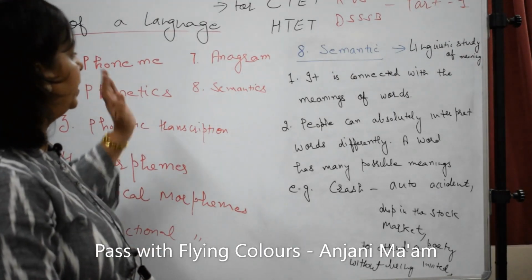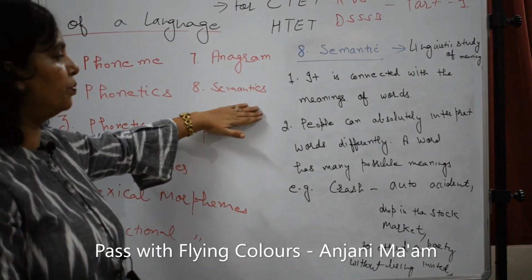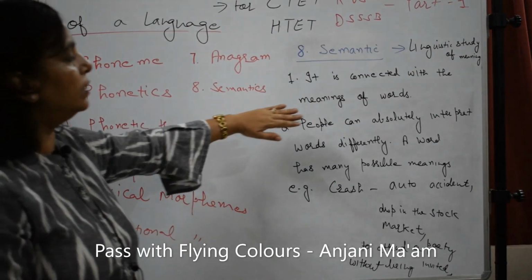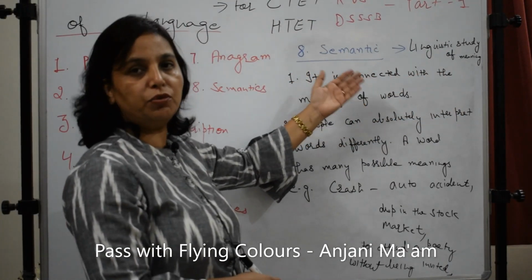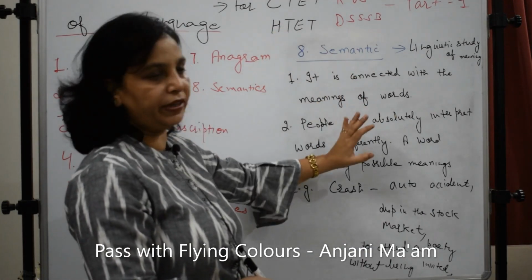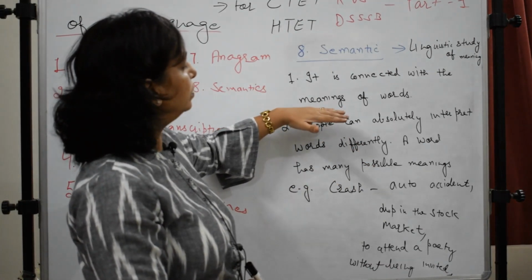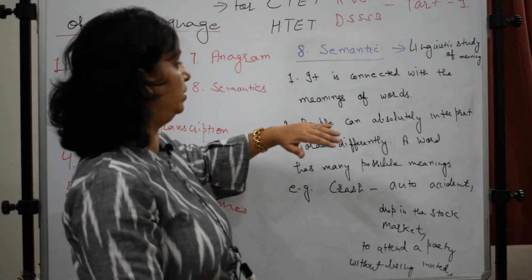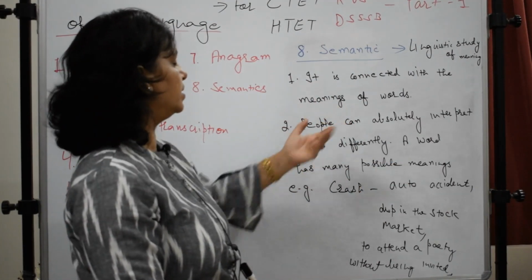The last important component of language, that is the eighth one, is semantics. It is a vast topic of linguistics. It means the linguistic study of meaning, but you don't need to go into detail, as in any competitive exam just the definitions come. So you have to remember the definition, that it is connected with the meanings of words.